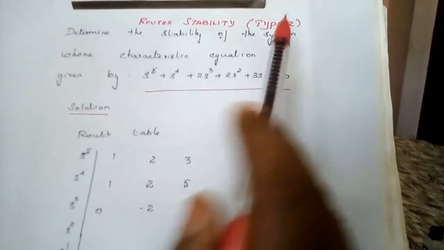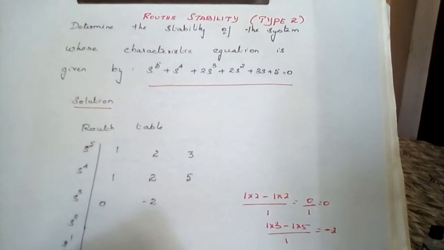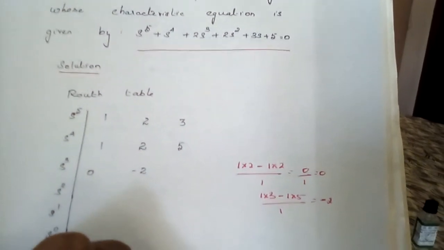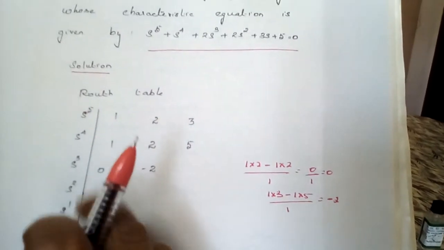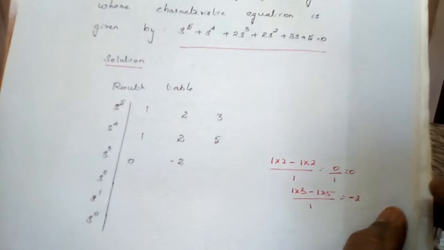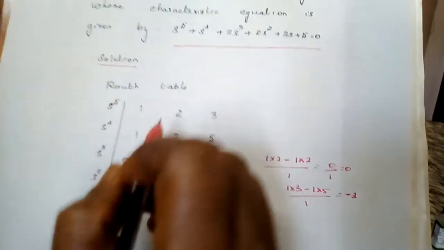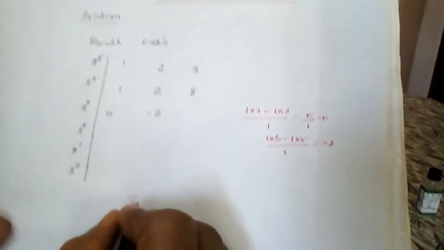Further continuing for s square, s power 1 and s power 0, whatever the other values may be, they tend to be either 0 or infinity. So Routh's stability criterion can be checked by two methods.